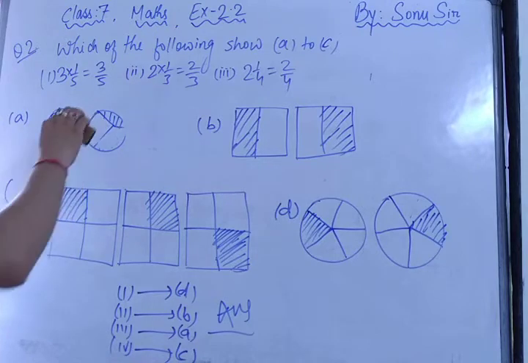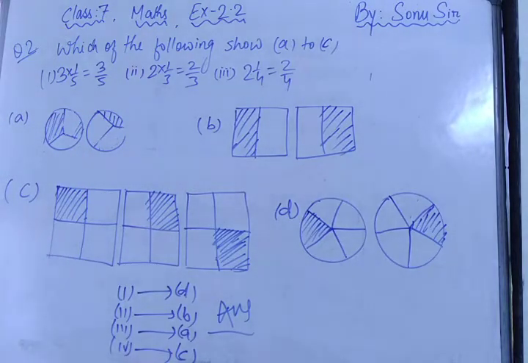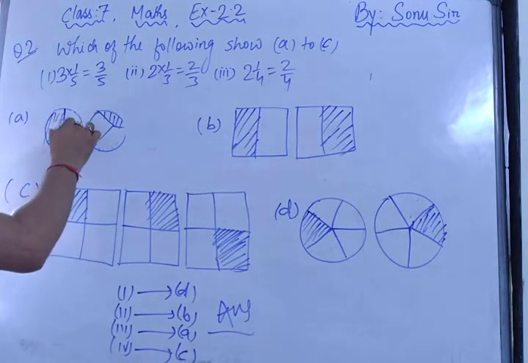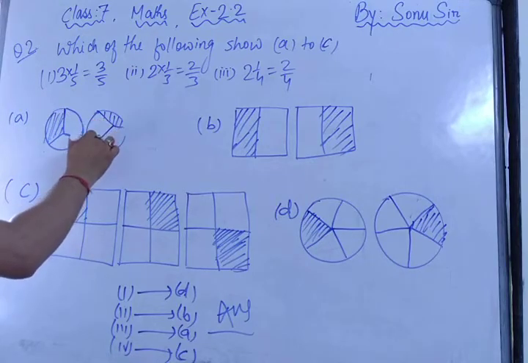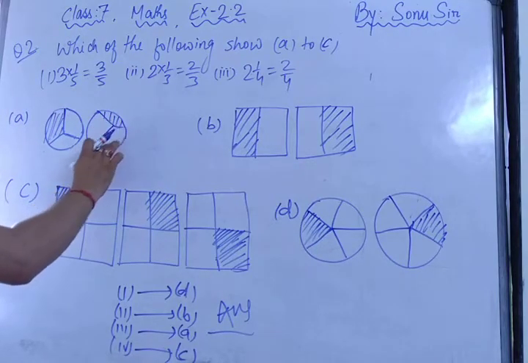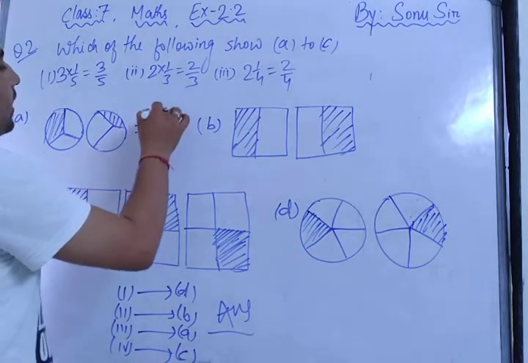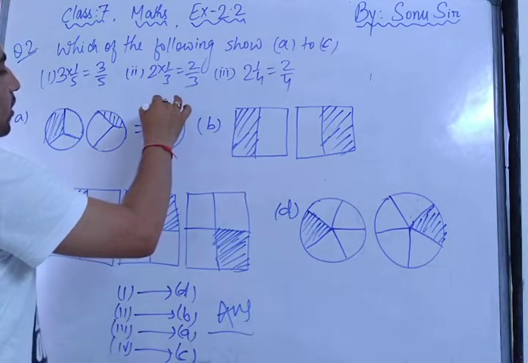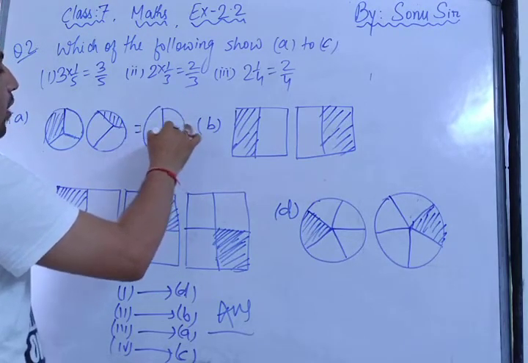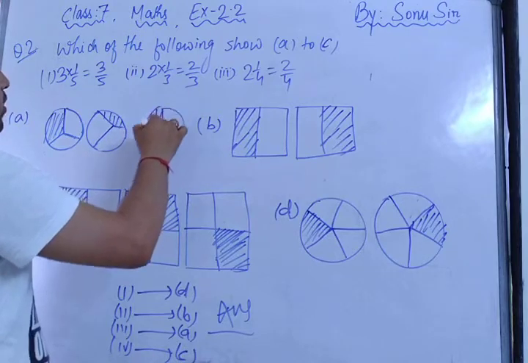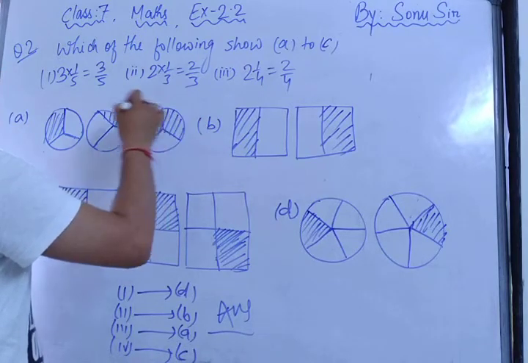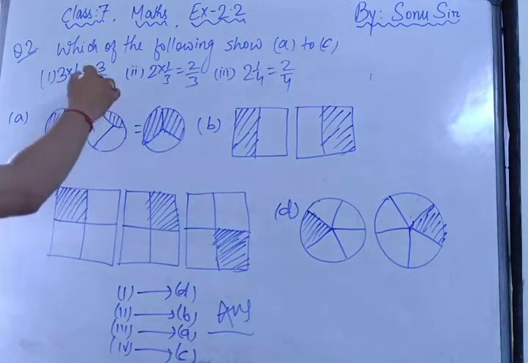So how many parts are there in the circle? 3 parts are there, and out of these 3 parts, 1 is colored. Both parts have been mixed into one, and one circle has been divided into 3 parts and 2 parts have been colored. As you can see here, the numbers are also given: 3 into 1 by 5, 3 by 5.